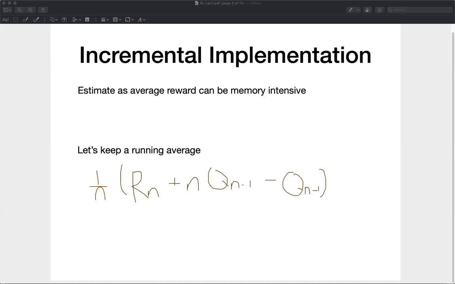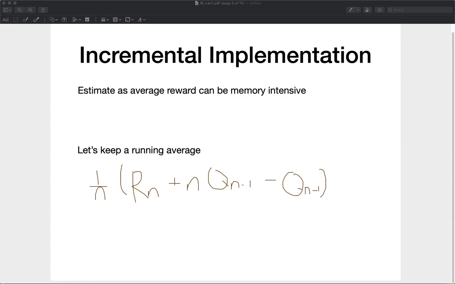So what I can do then is now just distribute this 1 over n term. So you can see that the n term is going to cancel out here, and we're going to have 1 over n r of n minus 1 over n q of n minus 1, plus the q of n minus 1 moves to the front.